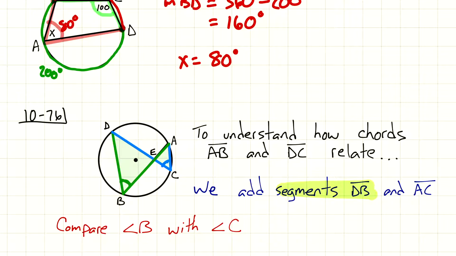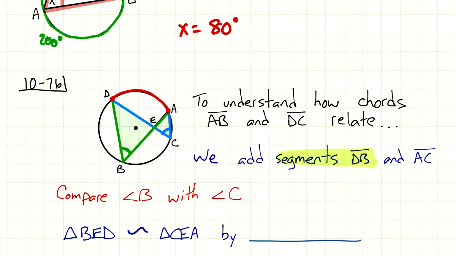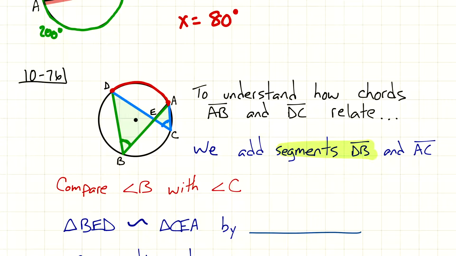From D to A, they both connect to D and A, and they both share this arc. What does that mean? That means these two angles must be the same.